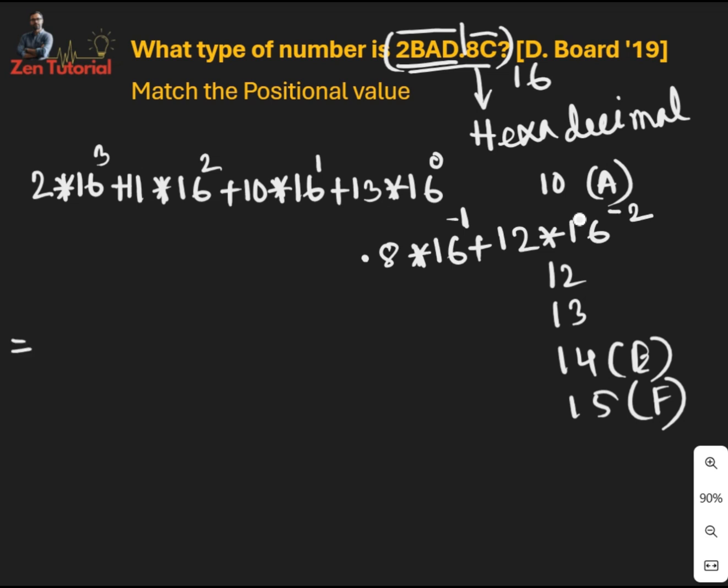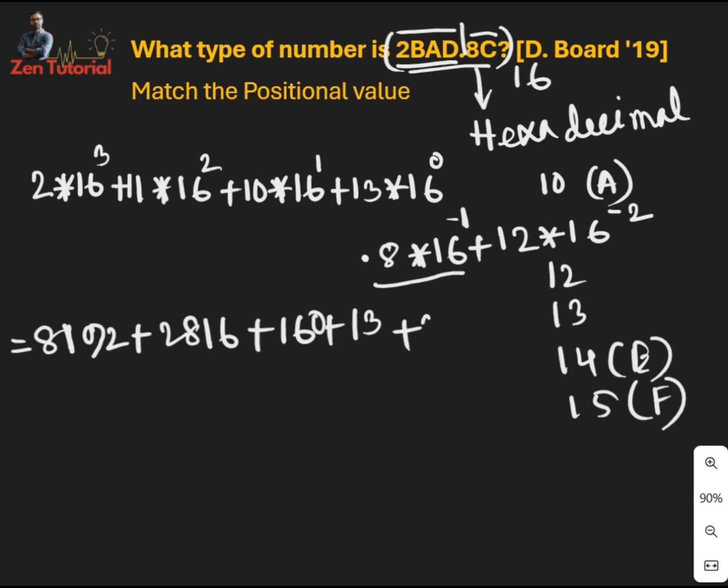Now plug the values into the calculator. Afterward we'll get 8192 plus 2816 plus 160 plus 13 plus 0.5 plus, for this value, we'll get 0.04688.